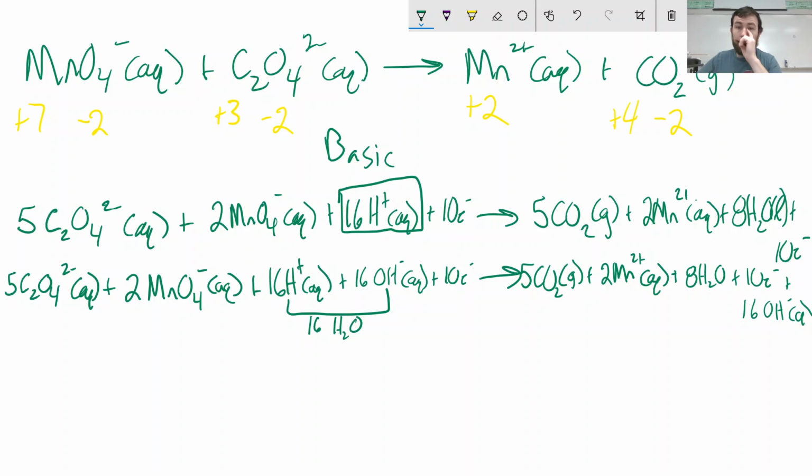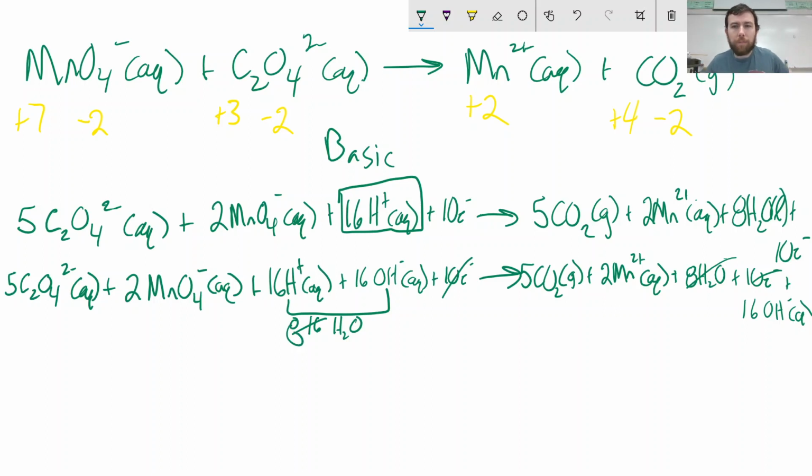And so now, as we start to cancel things out, we're going to see the 10 electrons cancel, but we're also going to see a change in the waters. Over here we have 8 waters on the product side, but now we have 16 on the reactant side. So the 8 waters are going to cancel, and this is going to get simplified to simply 8.